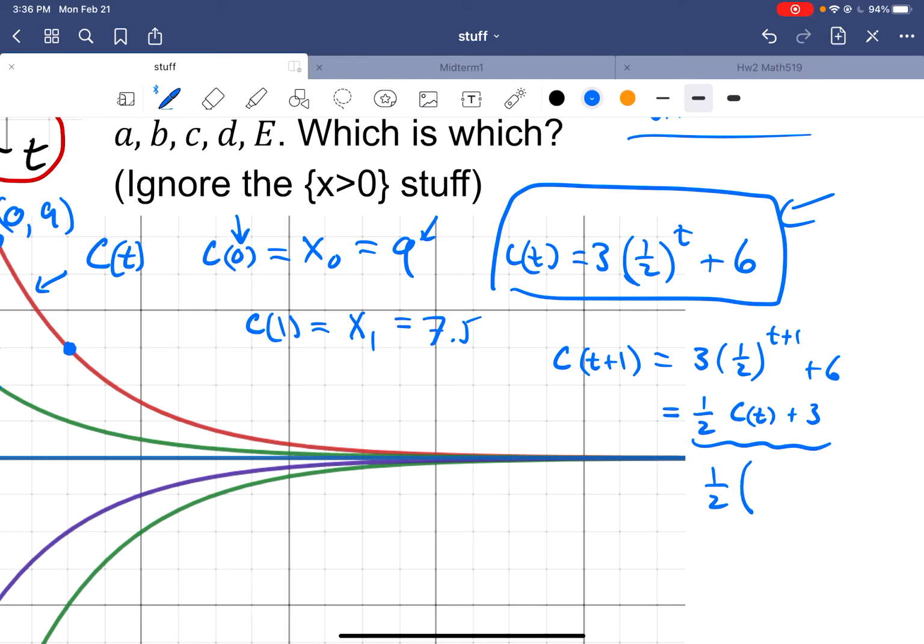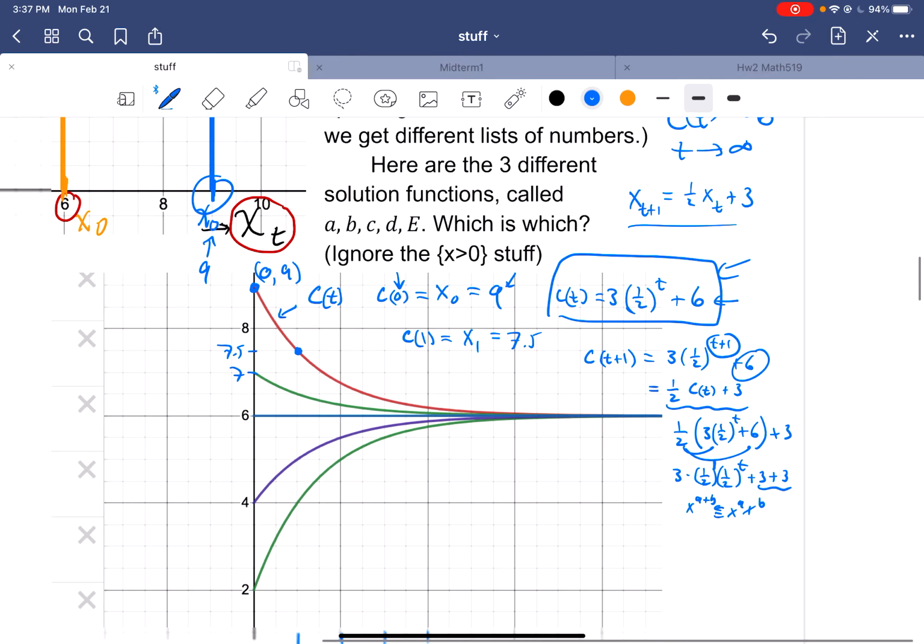This is 1/2 times, and now I plug in what c of t is: 3 times 1/2 to the t plus 6, and then I add 3. This distributes, and I have 3 times 1/2 times 1/2 to the t, plus 3, plus 3. These two plus 3's become the plus 6. I'm using an exponent rule here: x to the a plus b is equal to x to the a times x to the b. I'm using it in reverse. Here I have a 1, here I have a t. That's where the t plus 1 comes from.